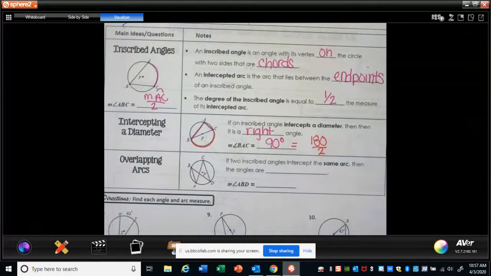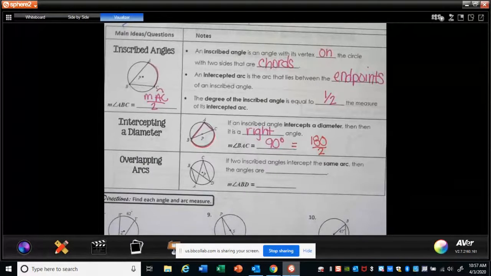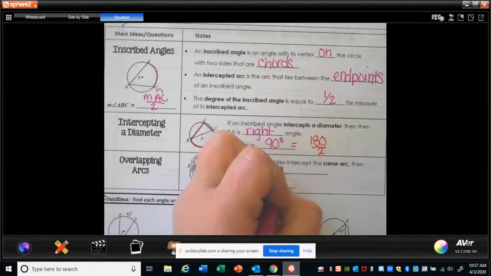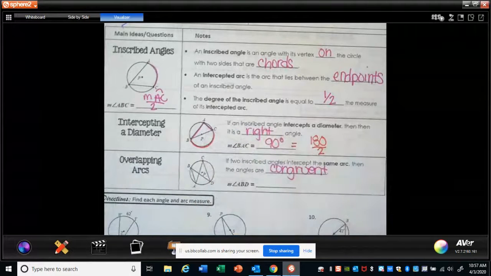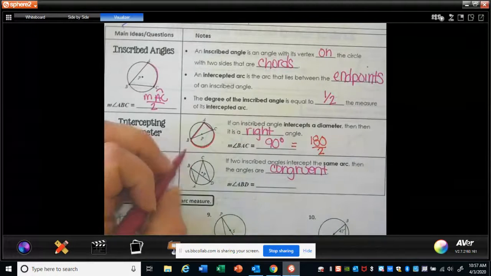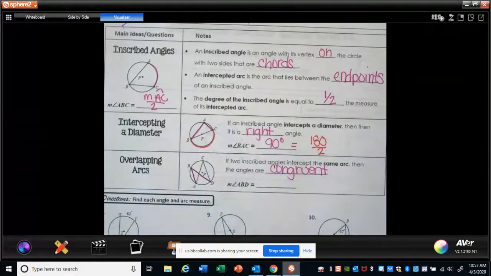Something else we want to look at is if I have two inscribed angles in a circle that share the same arc, then my angles are going to be congruent. So let's look at this diagram. I've got the measure of angle ABD right here, and its arc is arc AD.